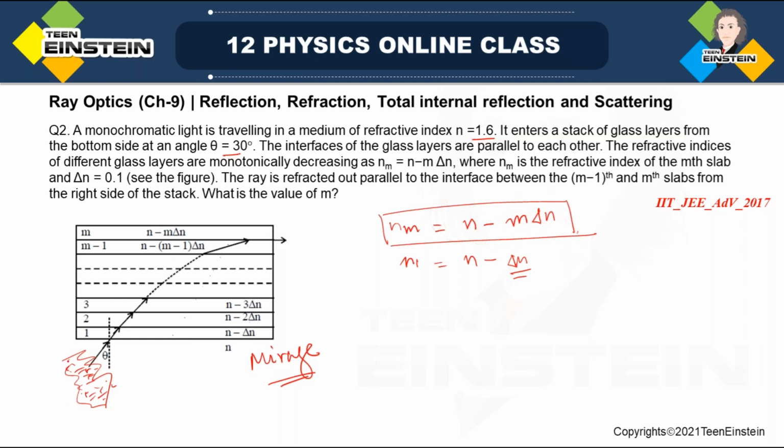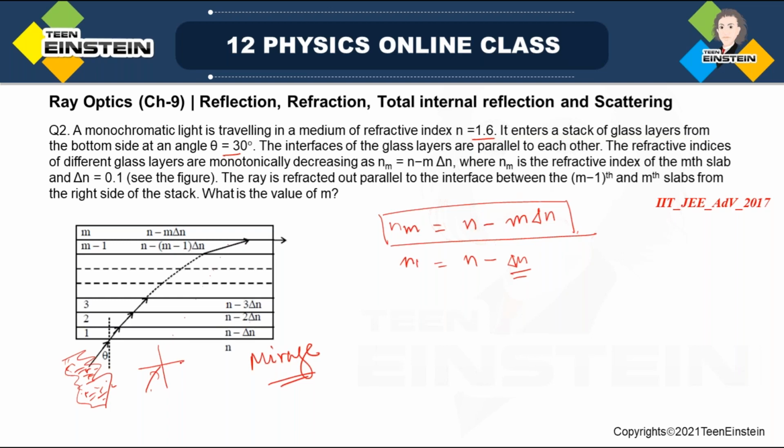Now the ray of light enters through the bottom layer of the atmosphere, which has a refractive index greater than the other layers above it. So it is going from denser medium to rarer medium.